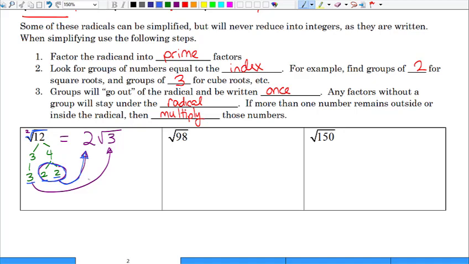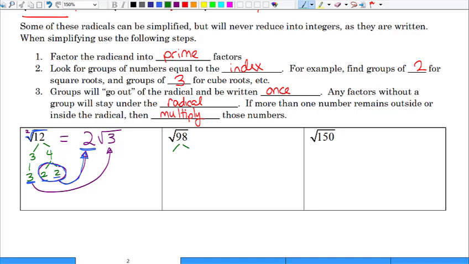Now, how many times do you write them? Just once, because they get in the same car when they go out on their date, right? Now, what happened to this lonely old 3 over here? The 3, he doesn't have a date, so this one has to stay inside the house, or at home. So the 2's go out of the house, the 3 stays home. I know it's a silly little story, but whatever helps to remember, that would be good for the test, right?